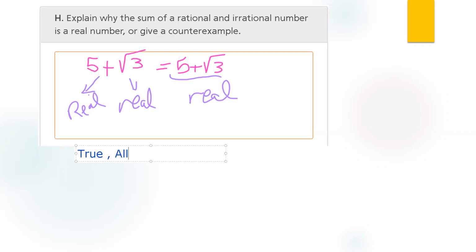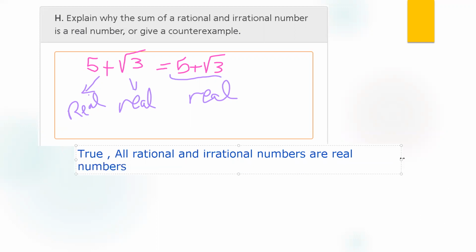All rational and irrational numbers are real numbers. This is the reason why.